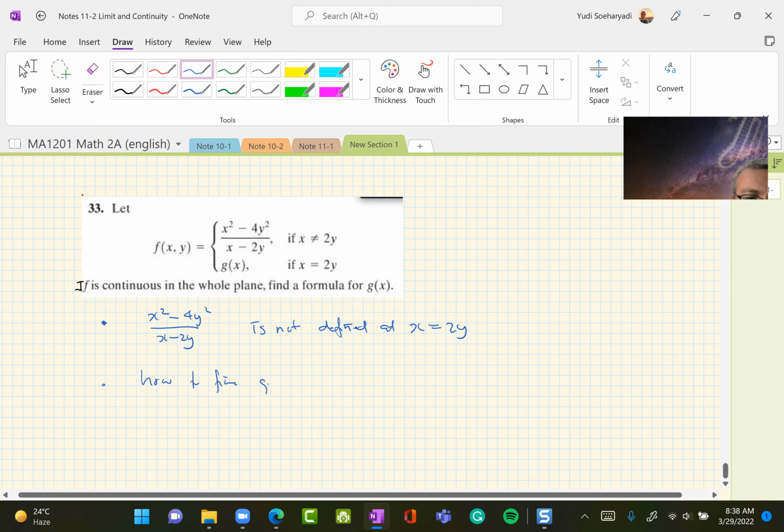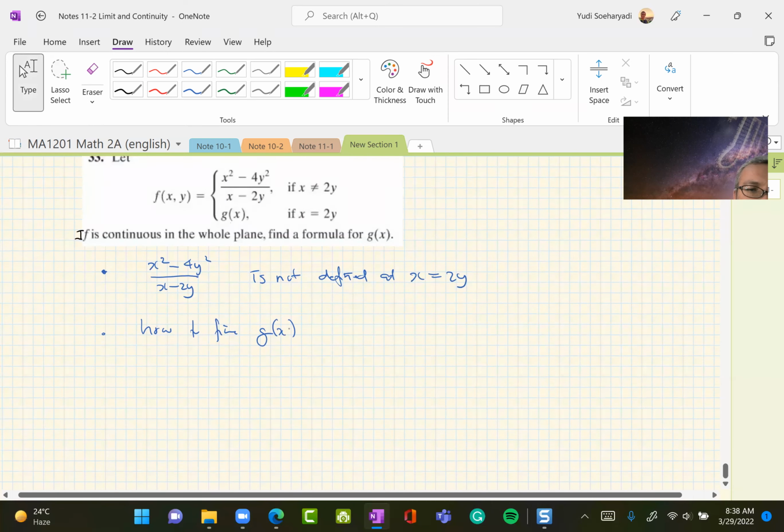To find g, the g here should be the limit of the function. This kind of limit.